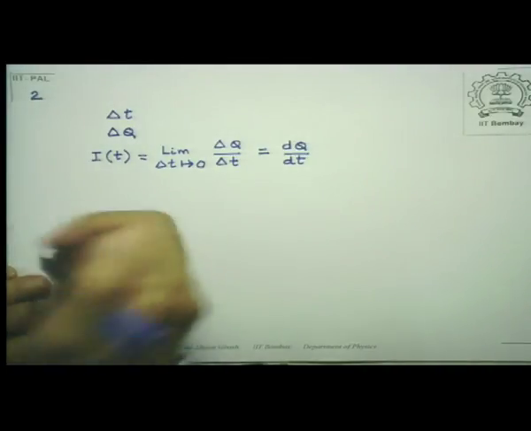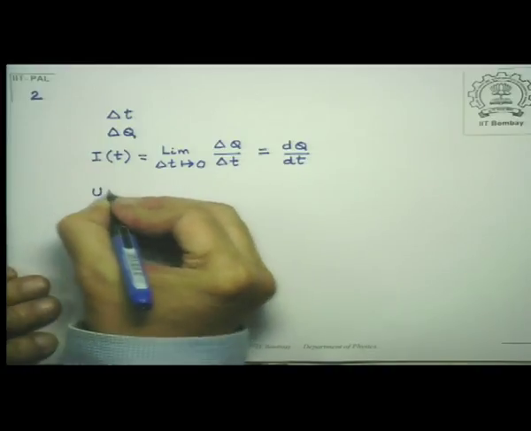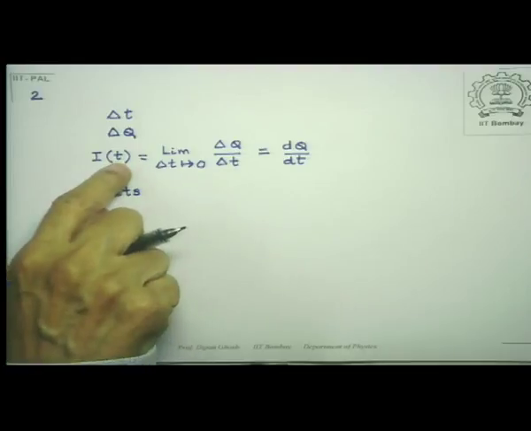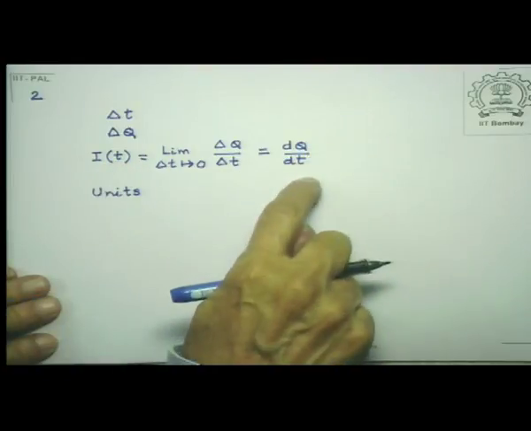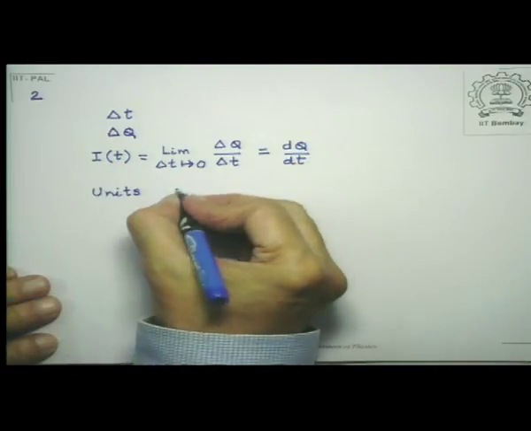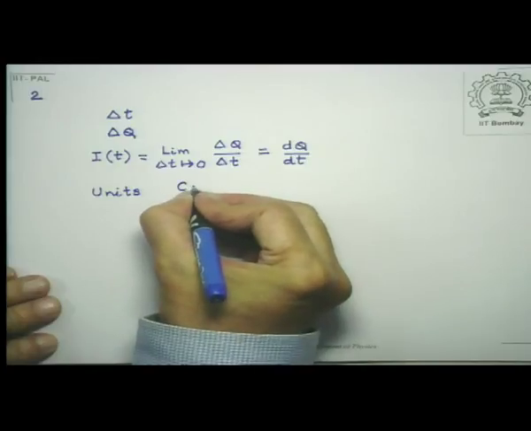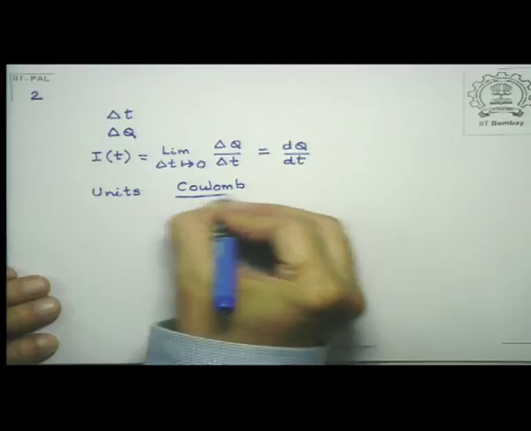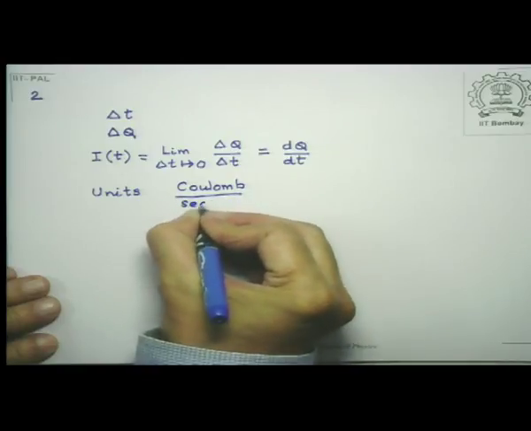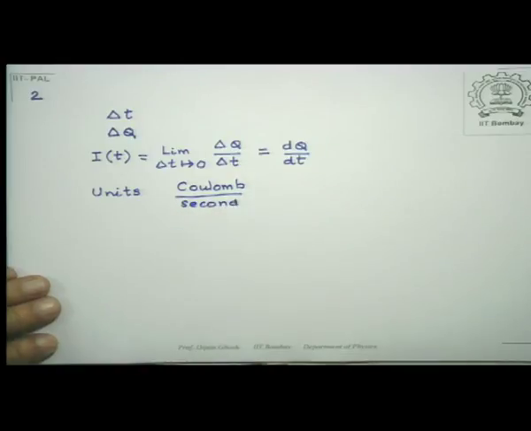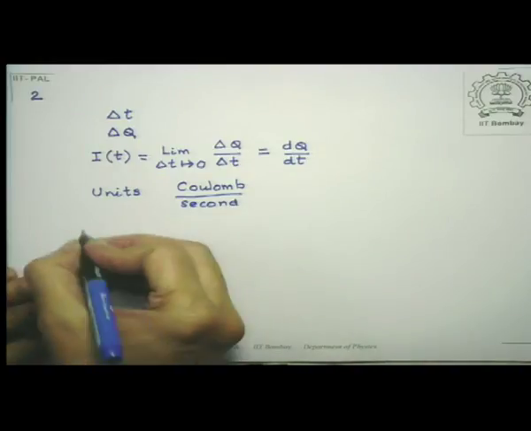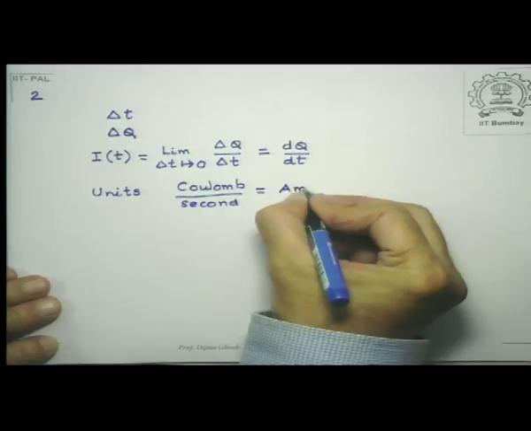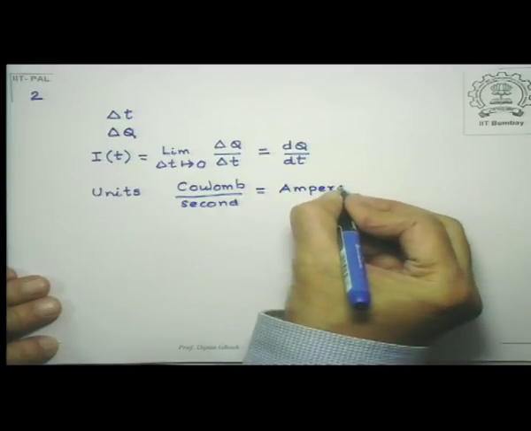Let us look at what are the units of current. So, note that current is defined as charge divided by time. Therefore, obviously, the unit that I expect is coulomb per second. Actually, this is given a name, ampere.